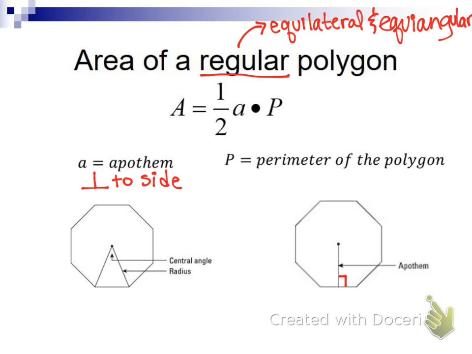Finally, perimeter is something that we've reviewed a little bit, but how do we calculate perimeter of any polygon? Add up what? Add up the sides. So add all sides to find your perimeter. Or you can take the number of sides and multiply it by the side length.